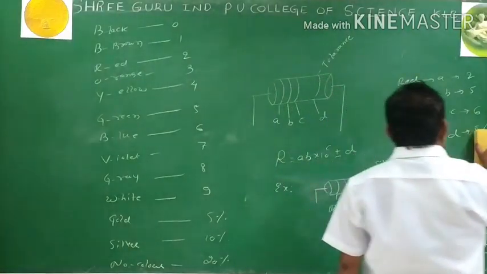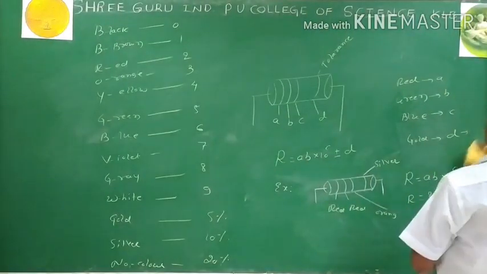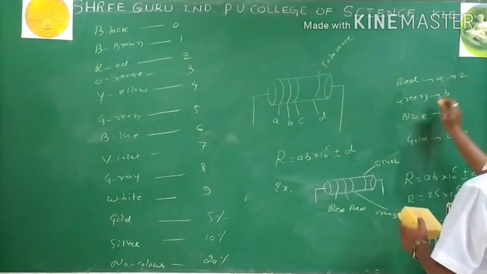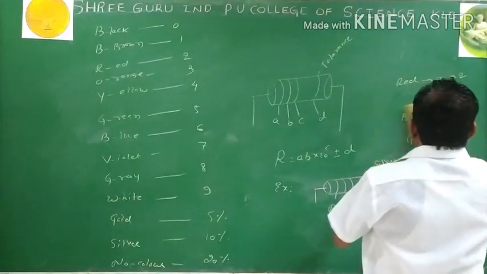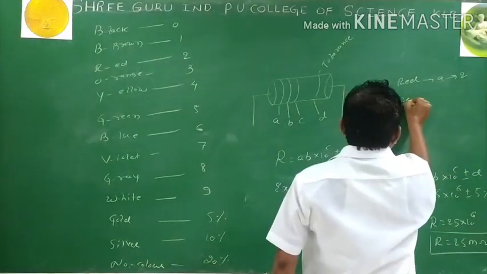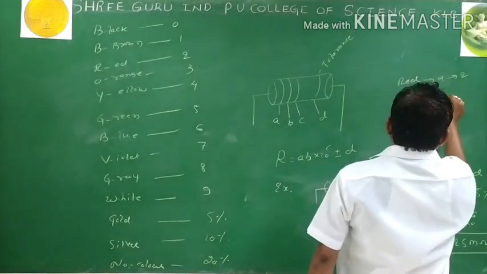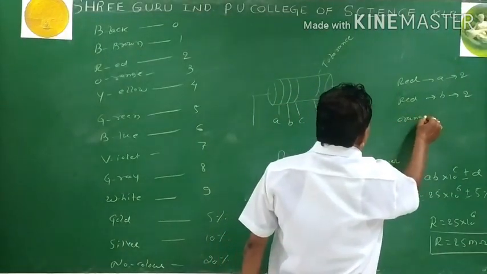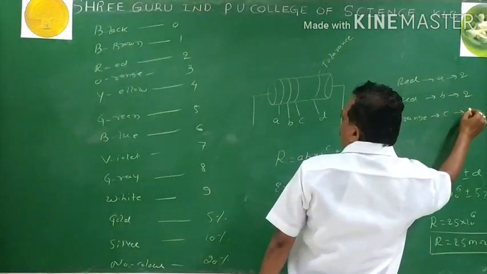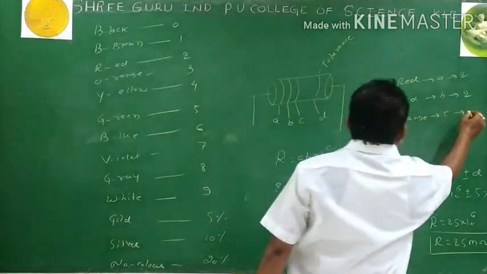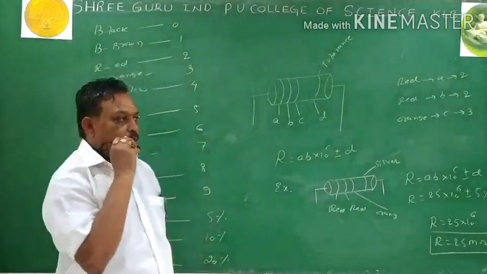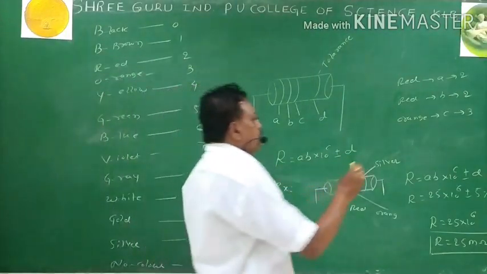Then once again I go for easy understanding. What is red? 2. Again red, that is 2. Then what is the third color? Orange. What is the value for orange? 3. Then the last one is tolerance. So what is the tolerance here? Silver.